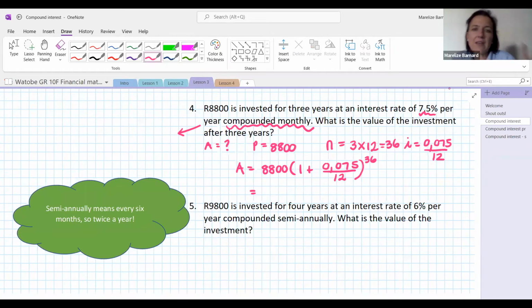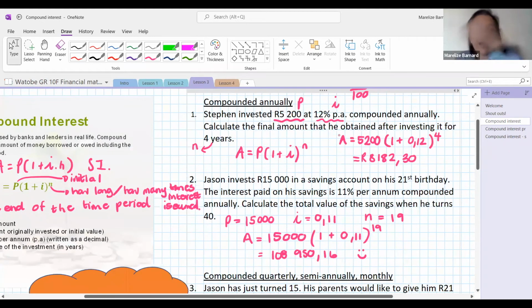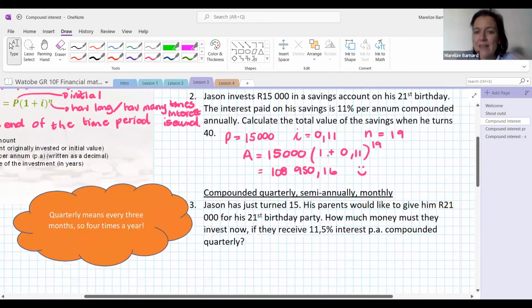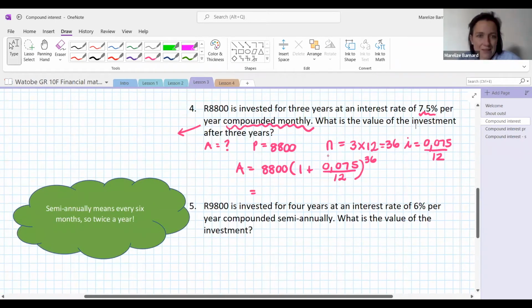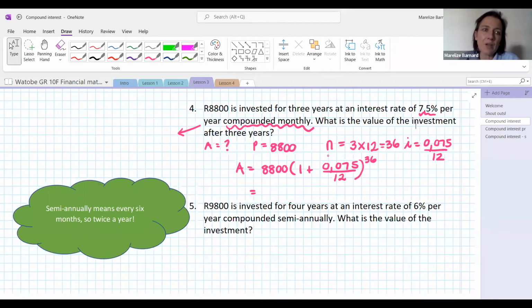So instead of getting the full 7.5% once a year, like we did in the first example, when you are compounding monthly or quarterly or semi-annually, that interest rate is split differently. In this case we are splitting it monthly, so we divide by 12. The interest rate they give you is for the whole year, but if you are compounding monthly, you're getting a portion of the interest rate, a little bit every month.